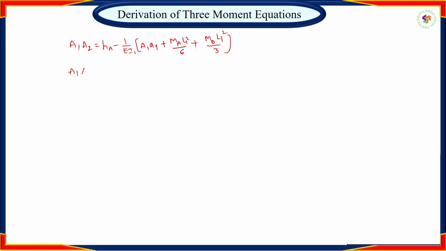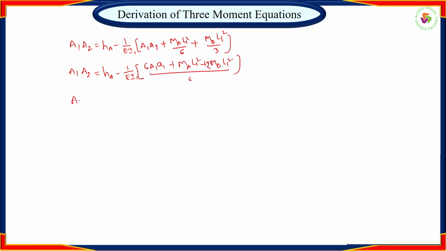Now A1, A2 can be written as HA minus 1 by EI1 into 6A1, just taking the LCM of these three, so MA L1 square plus 2MB L1 square by 6.